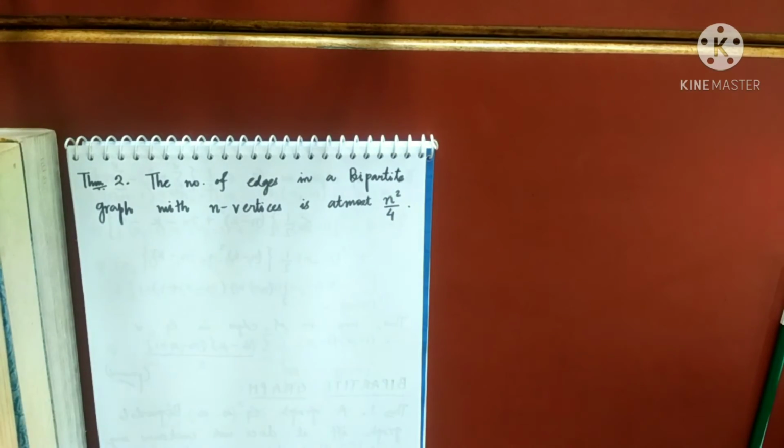So this I should have done previously, but I could not do so due to some reasons. Now I am doing it. So this is another theorem based on bipartite graph.